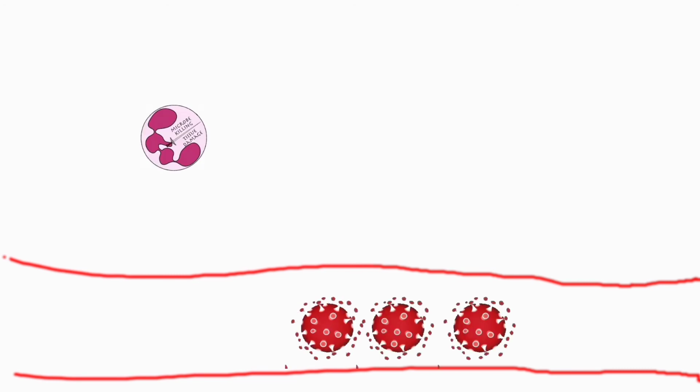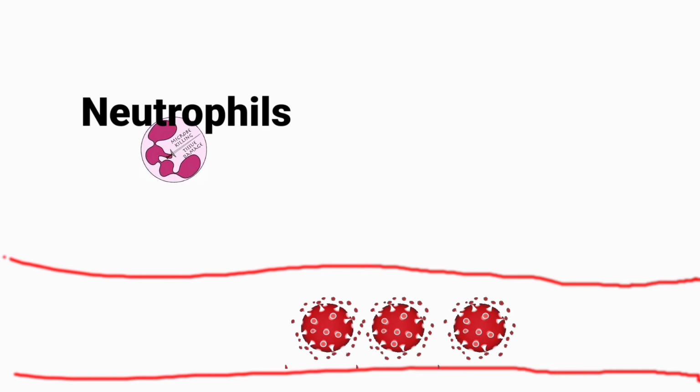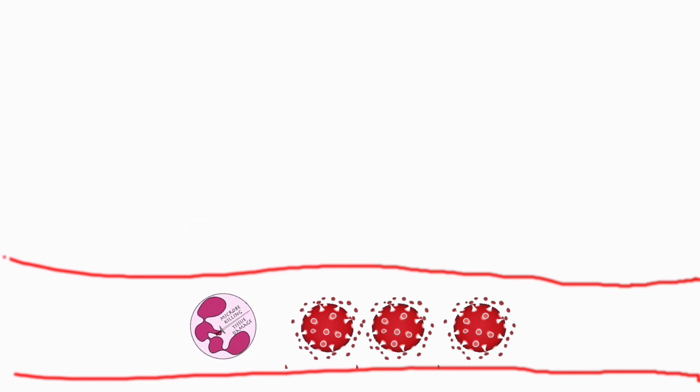So when it gets internalized, in the blood there are tons of neutrophils, and those neutrophils will travel and get into these endothelial cells, and in an attempt to kill this virus, they will release reactive oxygen species, and this reactive oxygen species might end up killing some of the virus. But what they do at the end is that they will damage this endothelial lining.